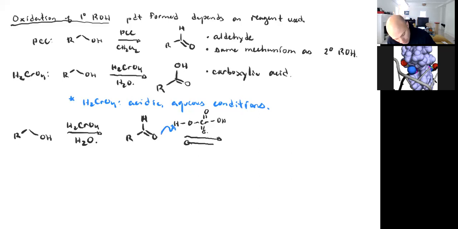So I can transfer a proton. I protonate the aldehyde, and that makes the aldehyde electrophilic.